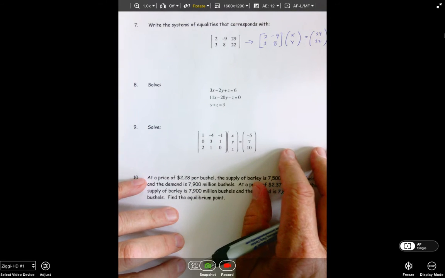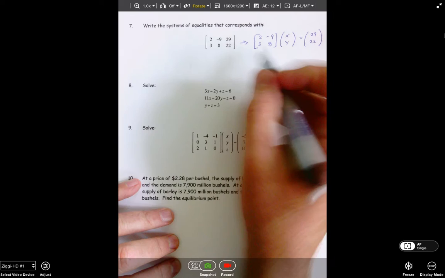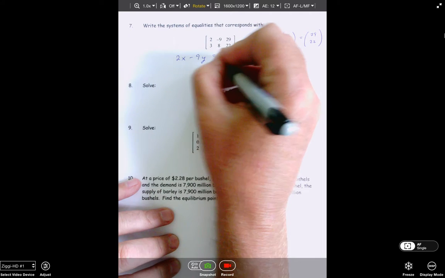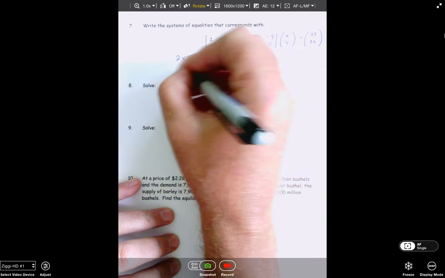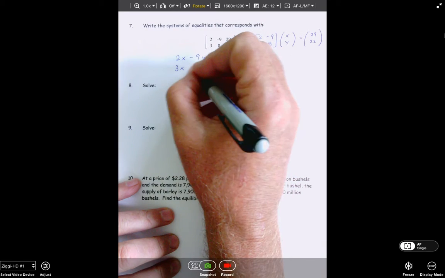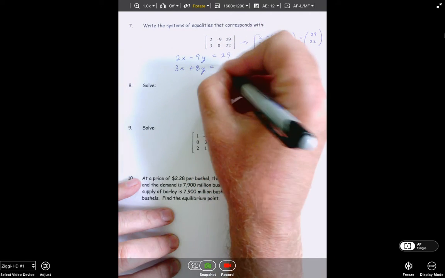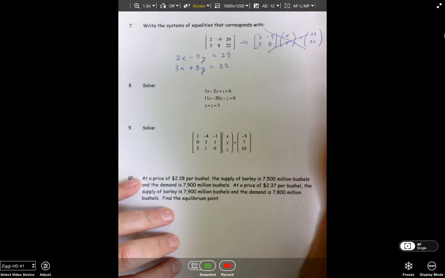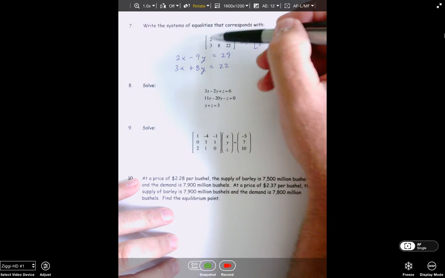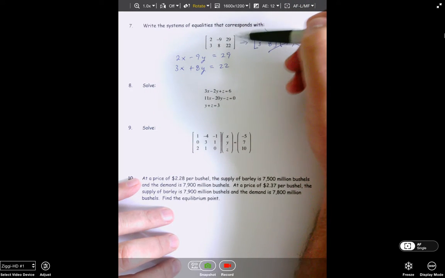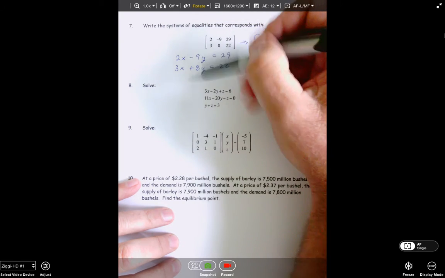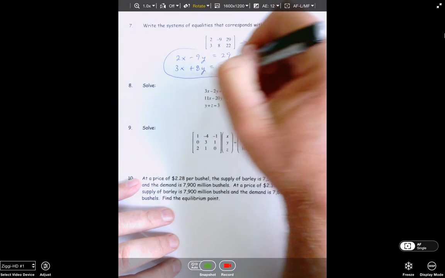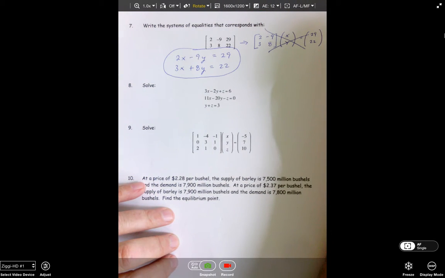So essentially the system of linear equalities would be 2x minus 9y equals 29, and 3x plus 8y equals 22. You might say, this stuff over there kind of confuses me. I know that this is my x's, and this column is my y's, and these columns are my numbers. Put in the equal signs and the corresponding arithmetic signs, and you've got your system of equalities.